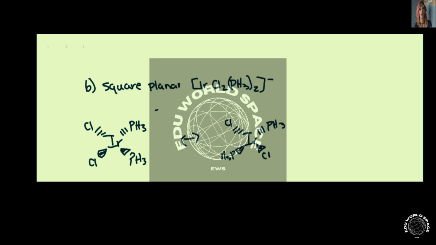So now, no matter which way you rotate this, you'll always have the Cls across from each other and the PH3s across from each other, whereas here they are next to each other, and these are distinct isomers. Again, that's a negative charge on that.